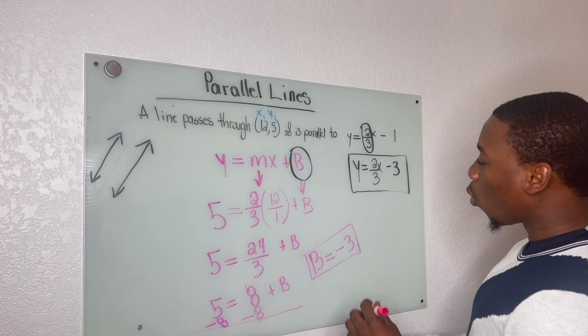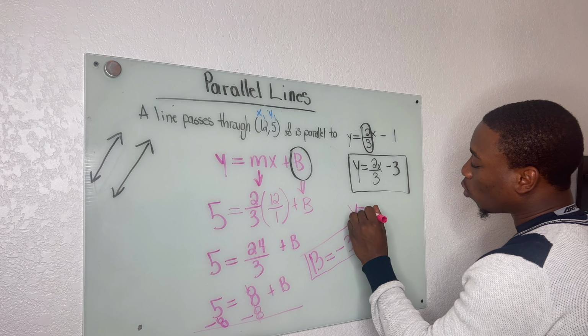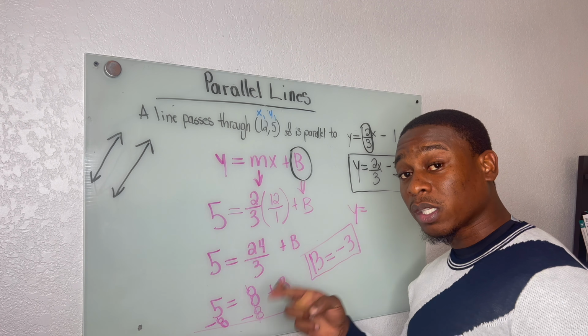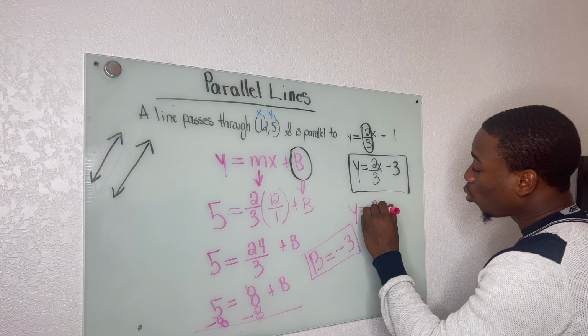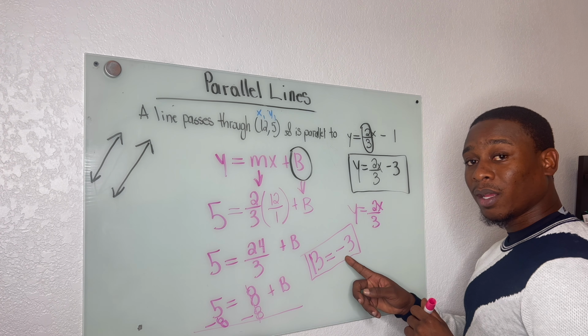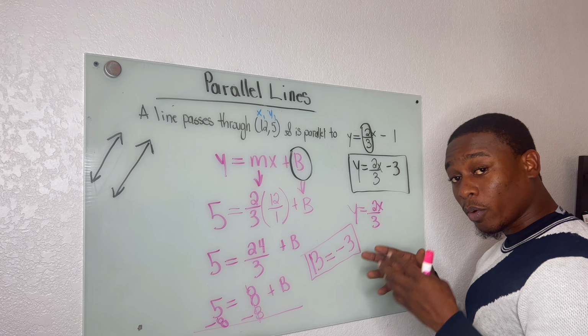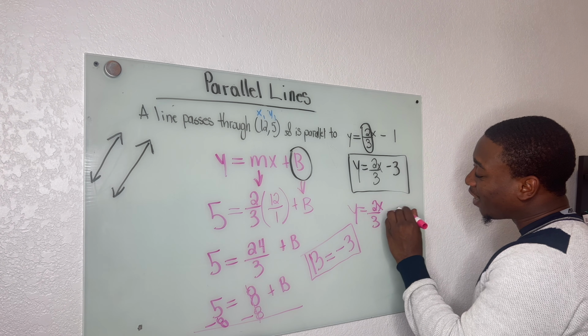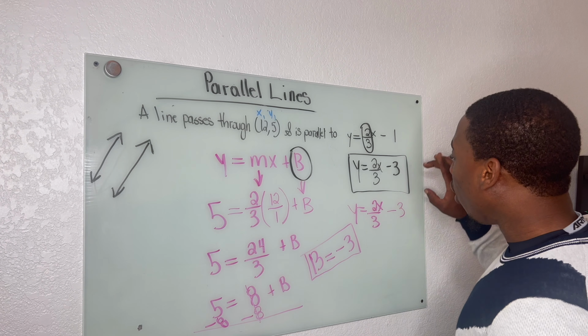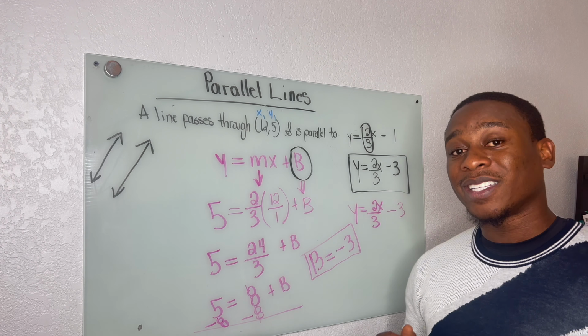That means when we take y is equal to, and we know that these lines are supposed to have the same slope, 2 over 3x, we can now take that y-intercept that we figured out and put it at the end of our equation. And lo and behold, we have the same exact answer.